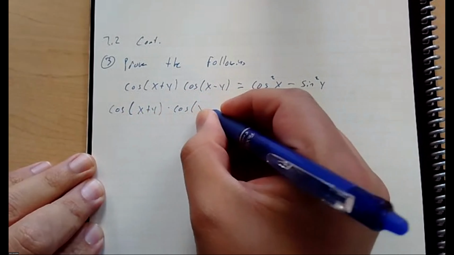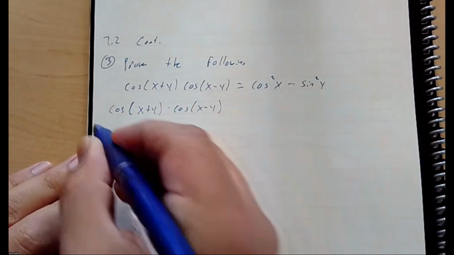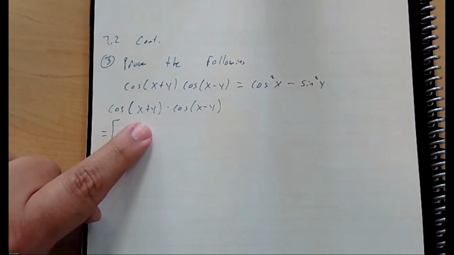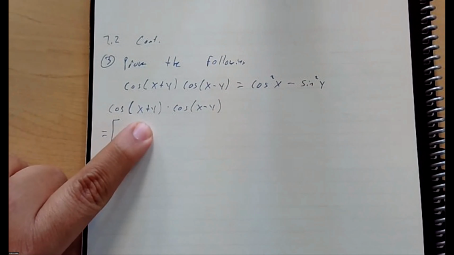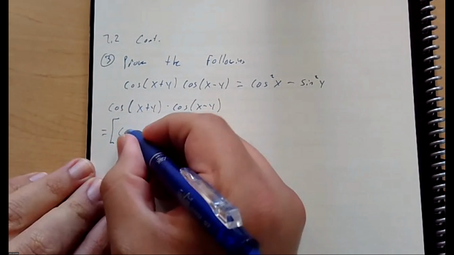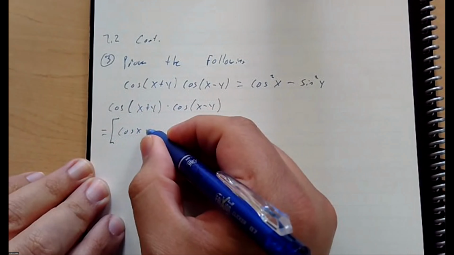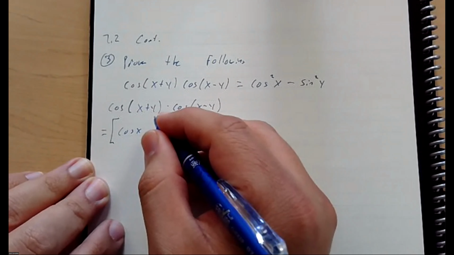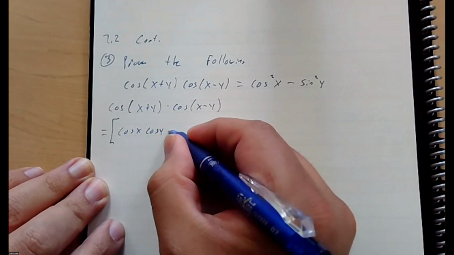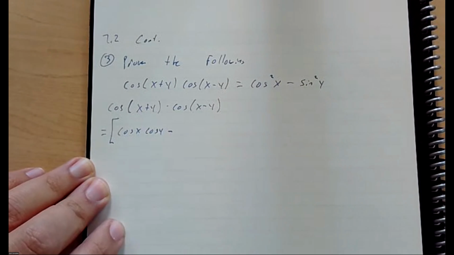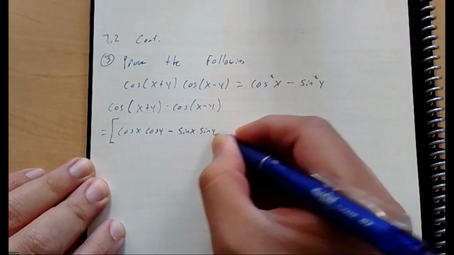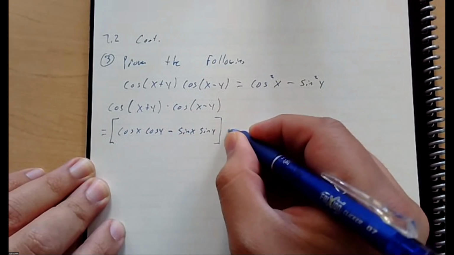Try to be as neat as possible. So use the sum of cosine from your formula sheet. That's going to be cosine x cosine y minus sine x sine y. So I changed this first part.